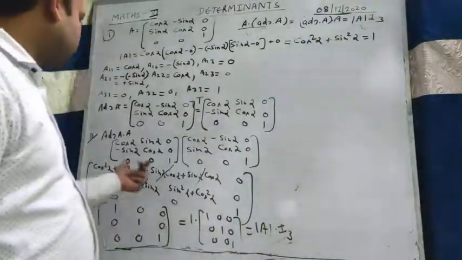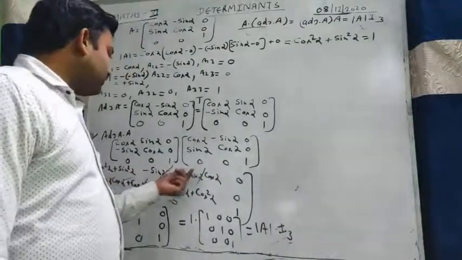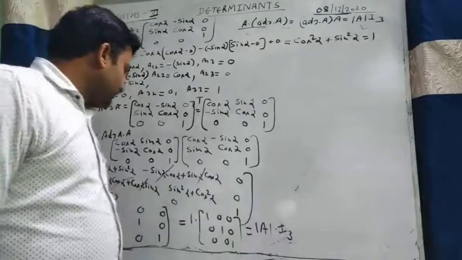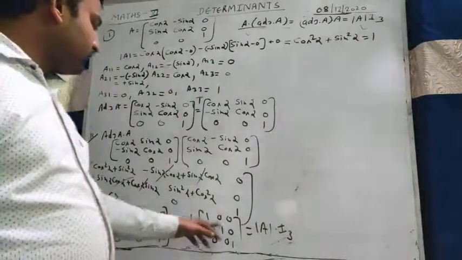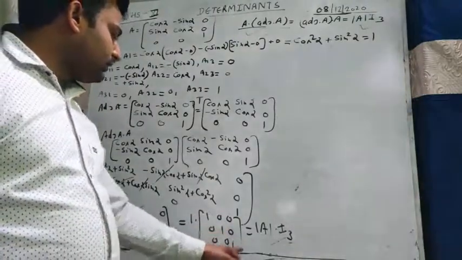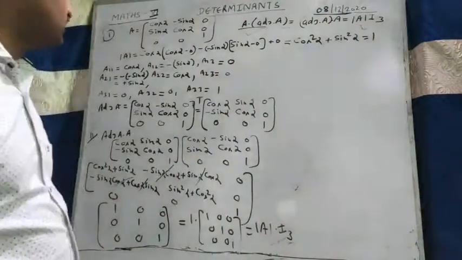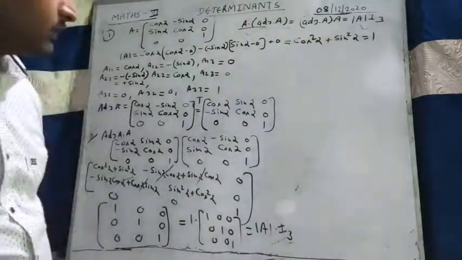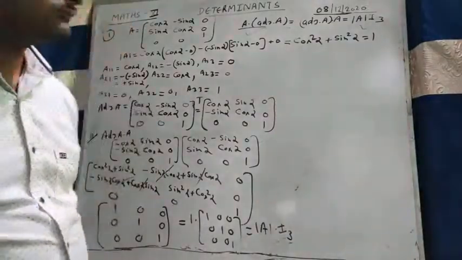After multiplication of adjoint of A into A, we get again 1 0 0, 0 1 0, 0 0 1, which can be written as 1 into 1 0 0, 0 1 0, 0 0 1, which is our I3. So I hope you understand these questions, and you will solve such type of questions by yourself.